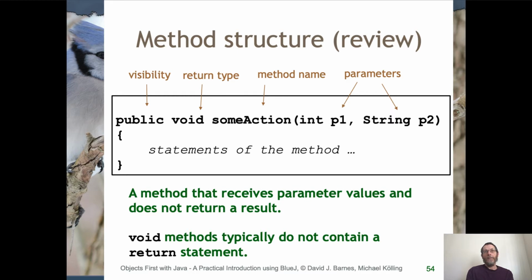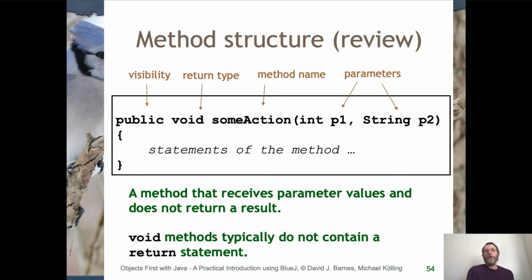And then we have some parameters, and we've seen that we can have varying numbers of parameters. We might choose to have no parameters to a method. We might have one parameter. In this particular example, I've illustrated that we can have 2 parameters. And in this case, the data types of the 2 parameters are different.